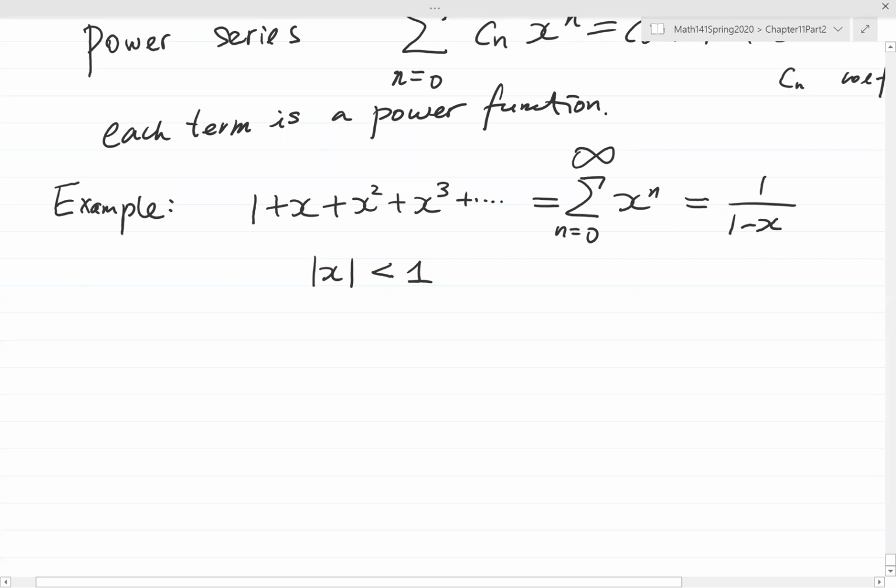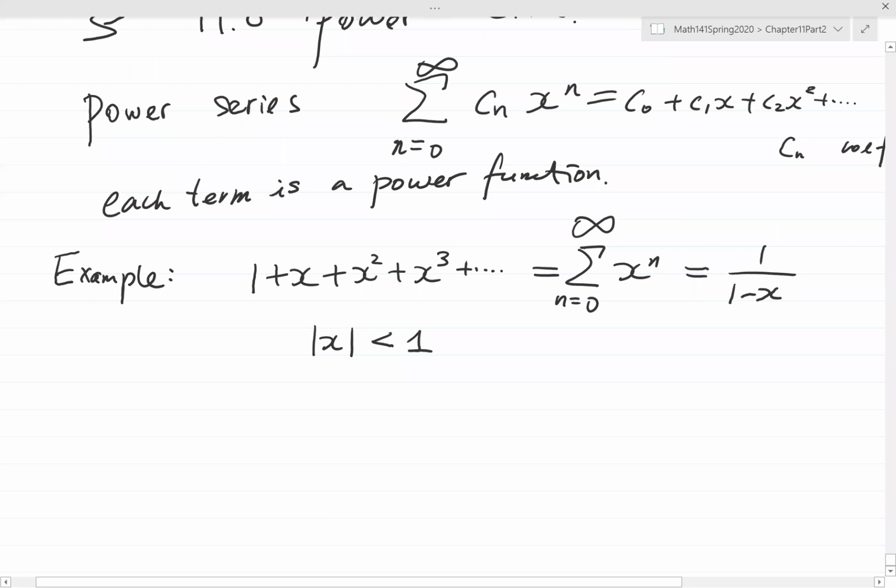Let's first introduce a general version of a power series. Here, the power is x to the power n. Sometimes this is called a power series centered at 0. A general version is where we translate x by some number a.